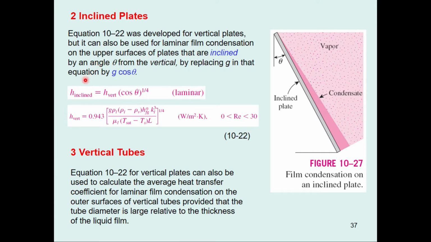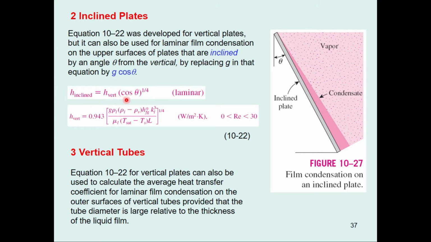For the inclined plate, first of all we have to determine the value of h inclined by putting in the value of this angle, cos theta. You will use the similar formula given above for the vertical plate in the laminar region. You can use the same formula to determine the convective heat transfer coefficient for the vertical plate, and then to determine it for the inclined plates you have to put the value of h vertical in this formula.